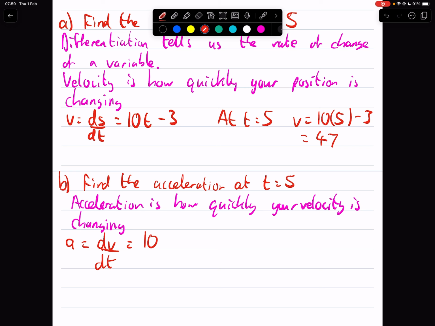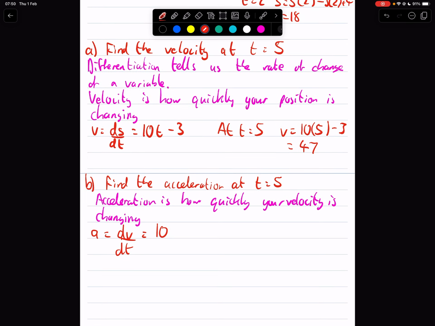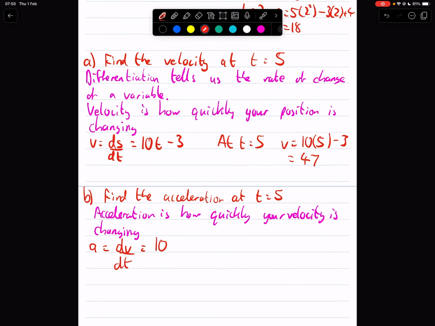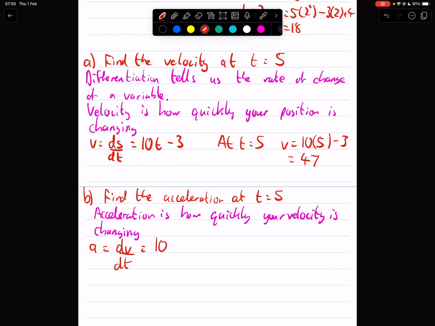We would actually just normally use SUVAT if the acceleration's the same. It doesn't matter which we use, but it's better to stick with SUVAT normally if the acceleration's the same, whereas I'd stick with differentiation and integration if the acceleration's changing.